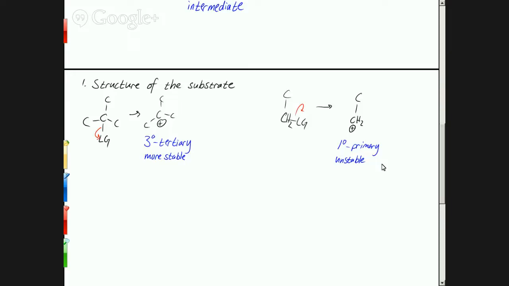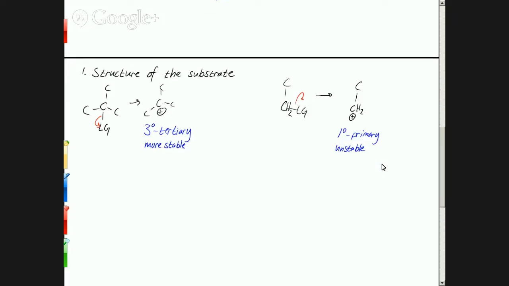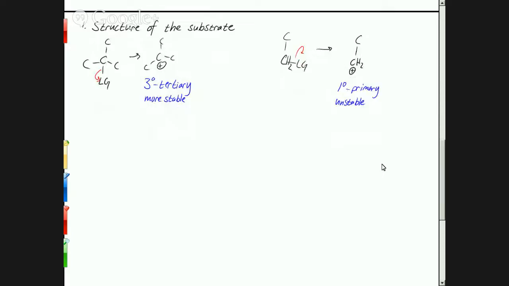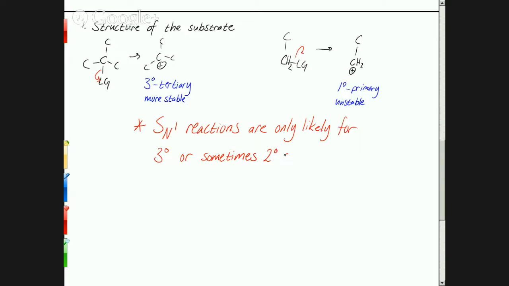So that tells us that SN1 reactions are only likely for tertiary or sometimes secondary substrates, and not those primary substrates.